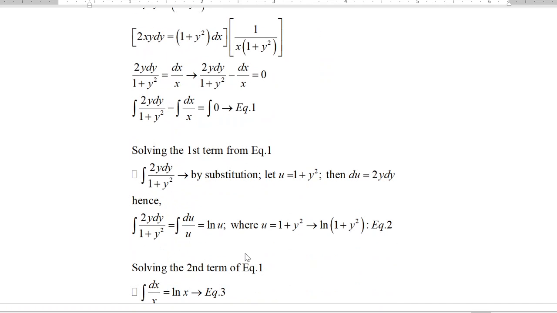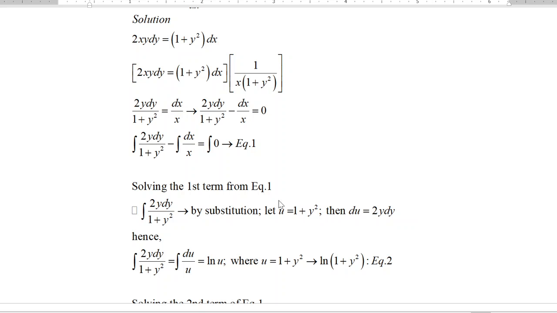So, solving for first term tayo. Paano natin solve? Integral of 2y dy over 1 plus y squared is just by simple substitution. So, integration by substitution. Let u natin yung denominator, which is 1 plus y squared. Then, derivative both sides, du is equal to 2y dy. Tama.